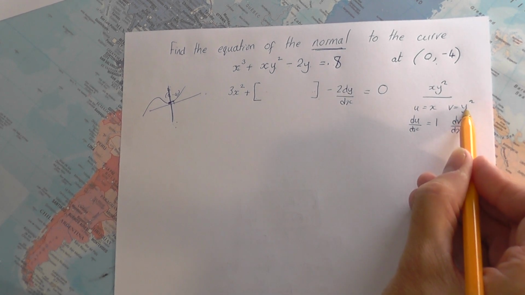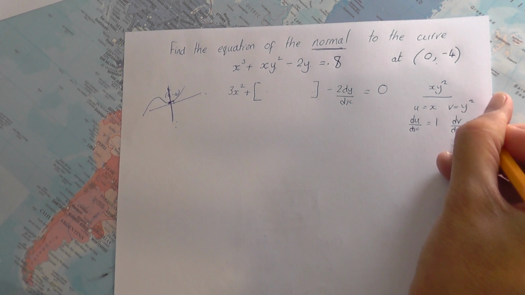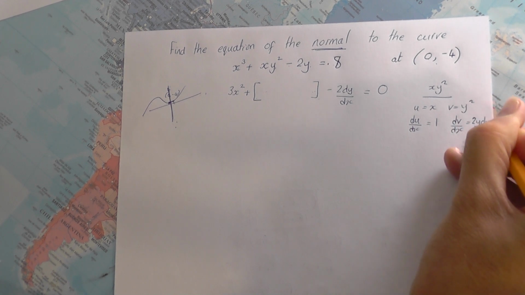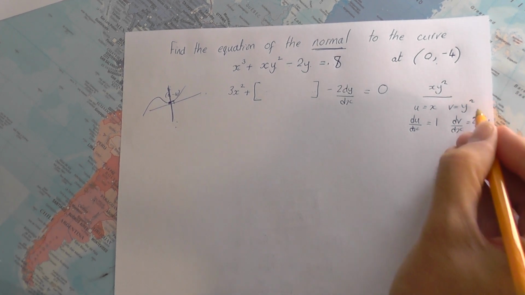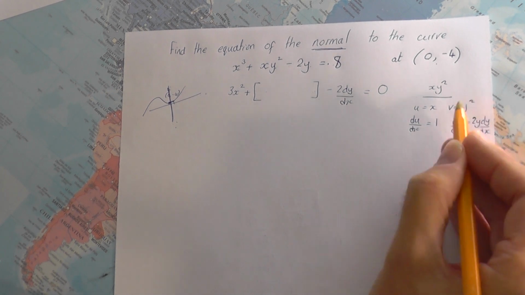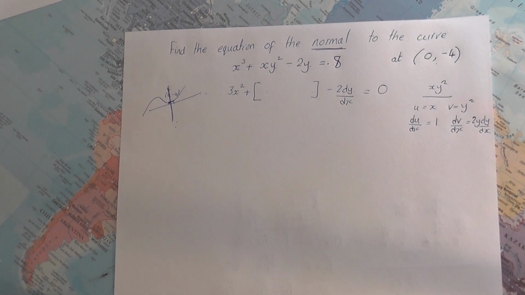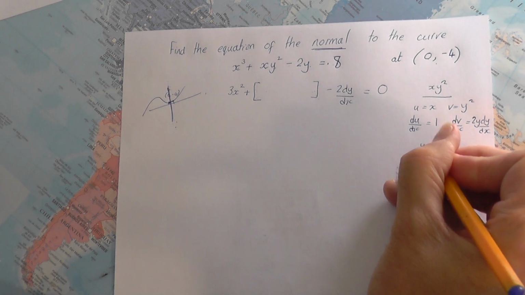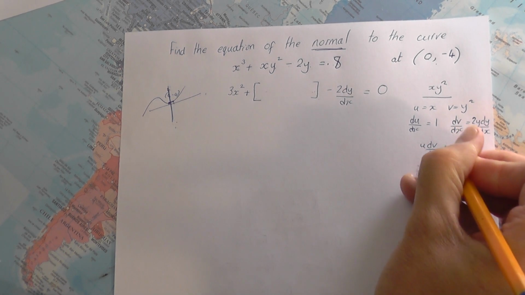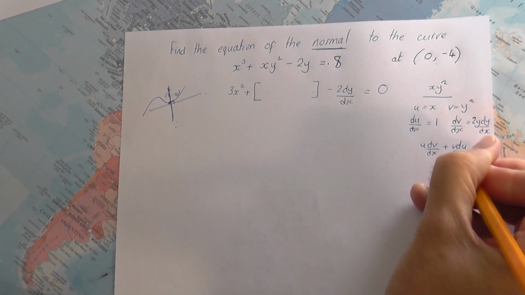Function of x, which is the y, to a power 2. So here we go, standard result, 2y dy by dx. Power to the front, power goes down by 1, then go inside the bracket, differentiate the y, you get dy by dx. So u dv by dx plus v du by dx is the product rule.